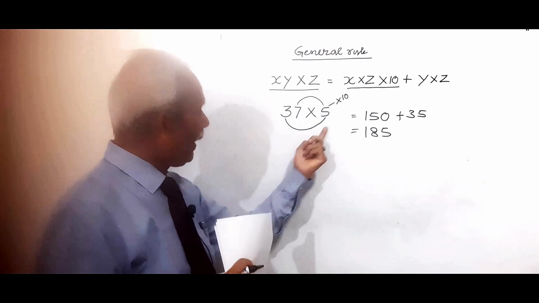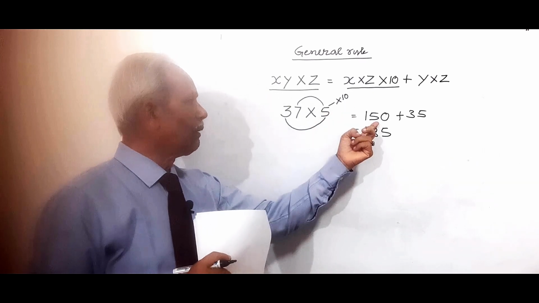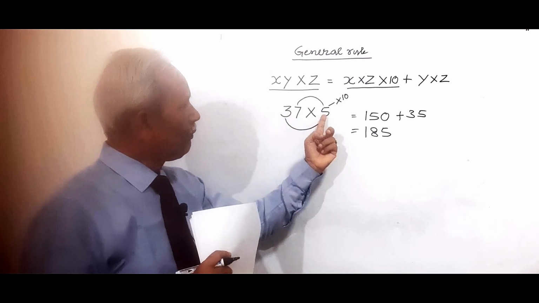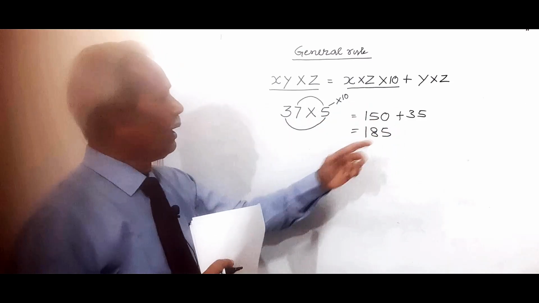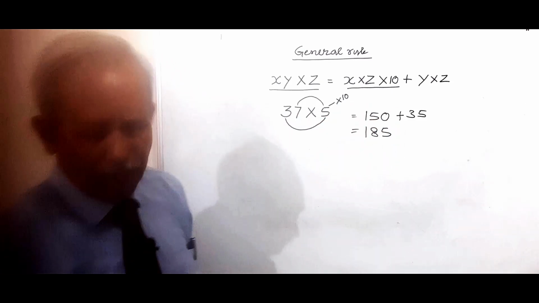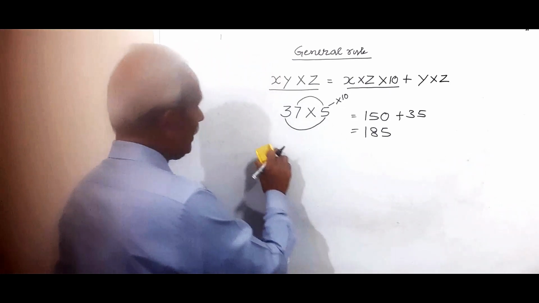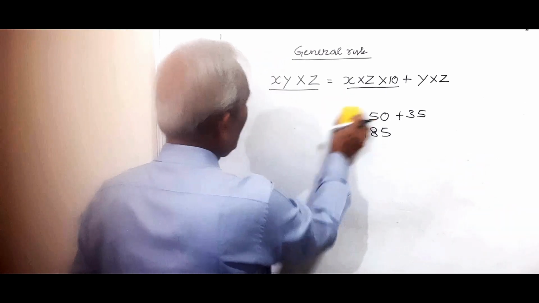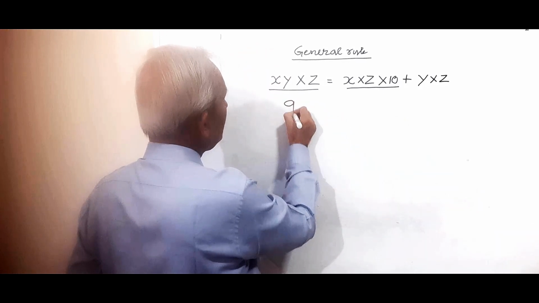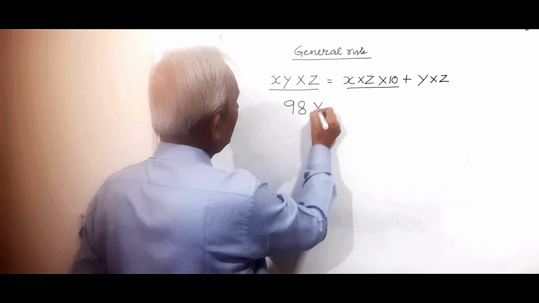So 3 into 5 into 10 is 150. And 7 into 5 is 35. Add these two and you get the number 185. Well, let me do another sum. 98 into 9.